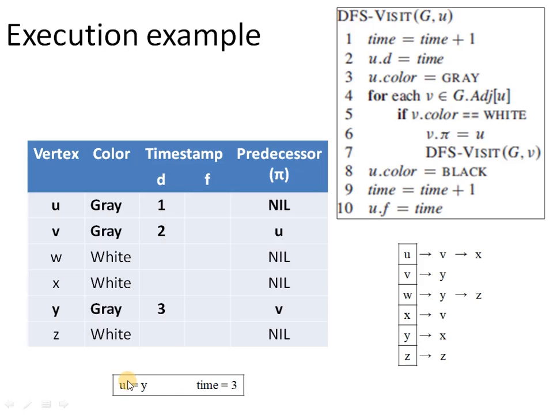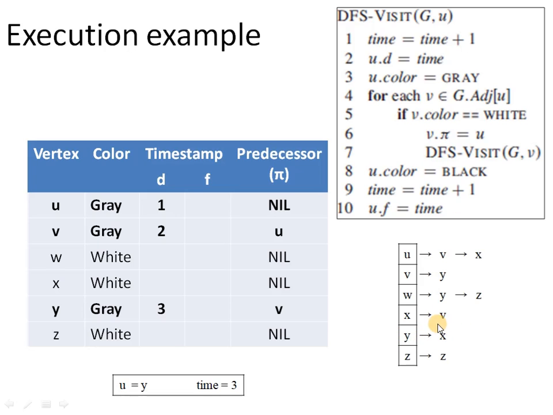The moment we call this function, it will again increase the time by 1 and use this time as the d value, that is the discovery timestamp value for the vertex y. We will recolor y to gray, and then we have to look at the adjacency list corresponding to vertex y via the for loop.